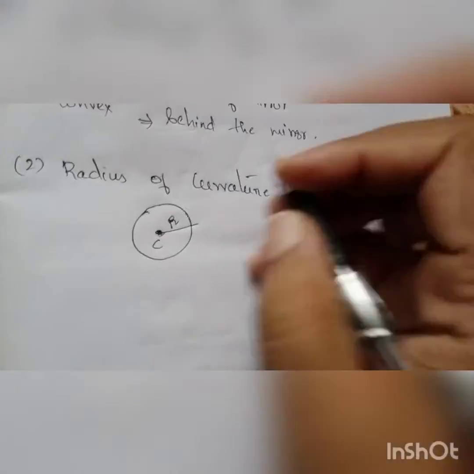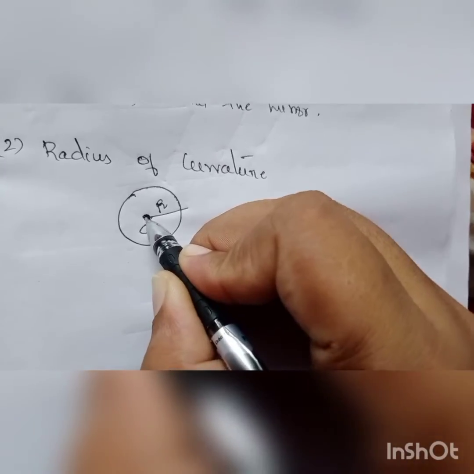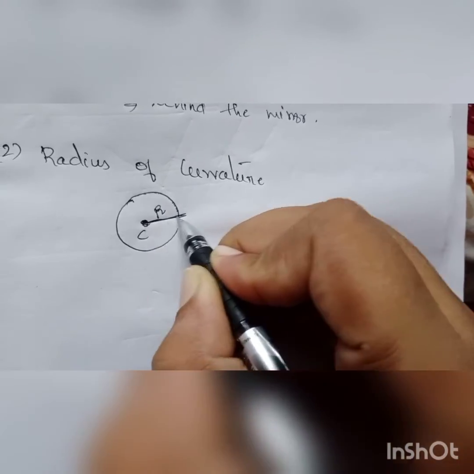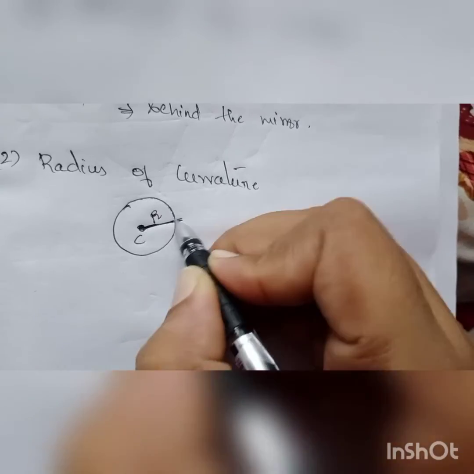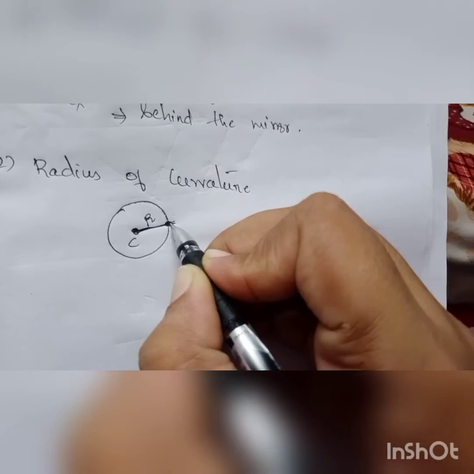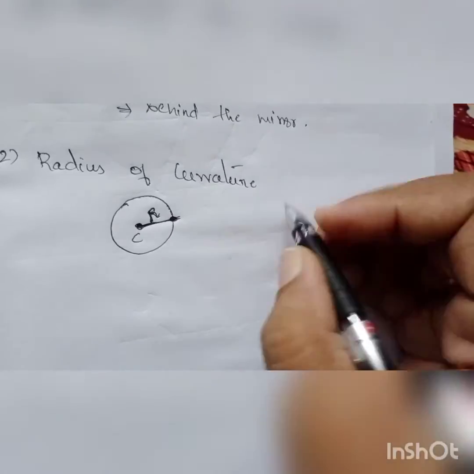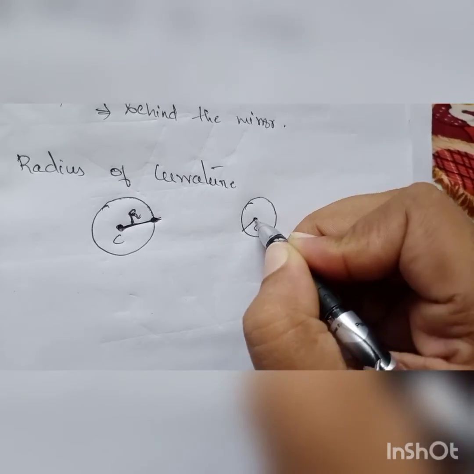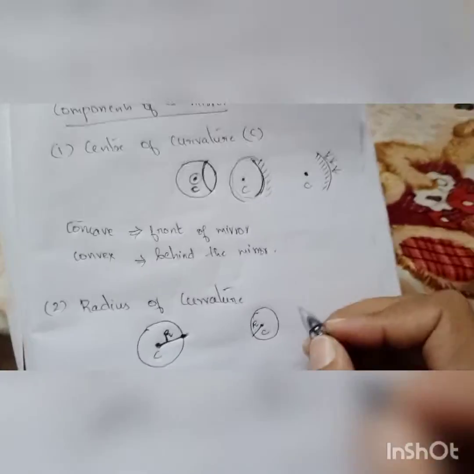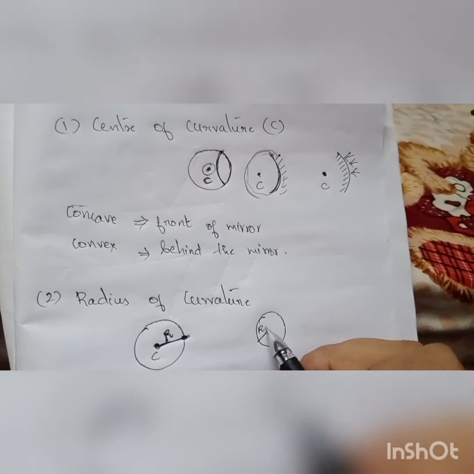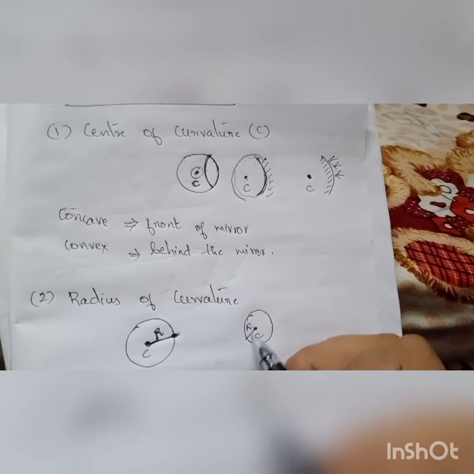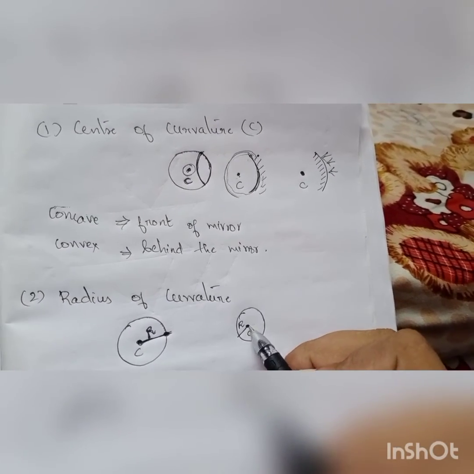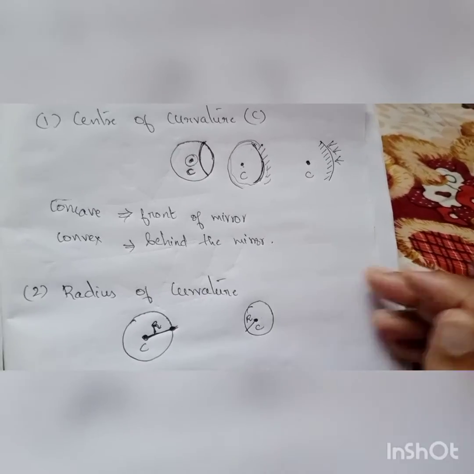So the distance of any point on the mirror from the center of curvature is called the radius of curvature.